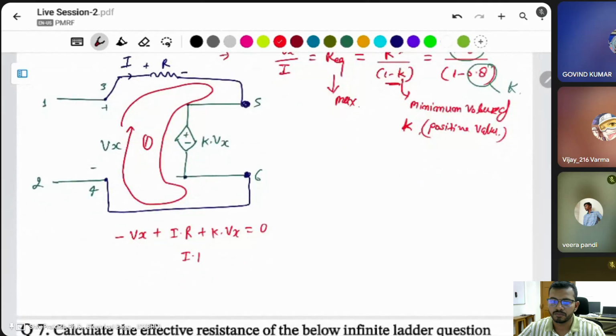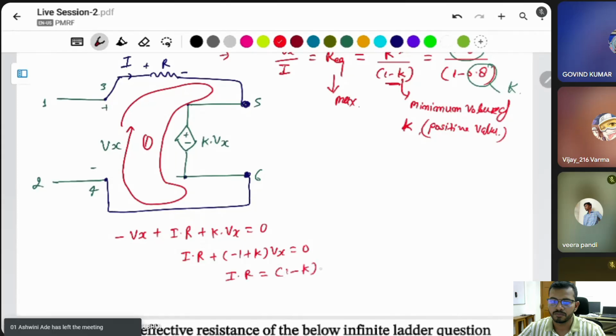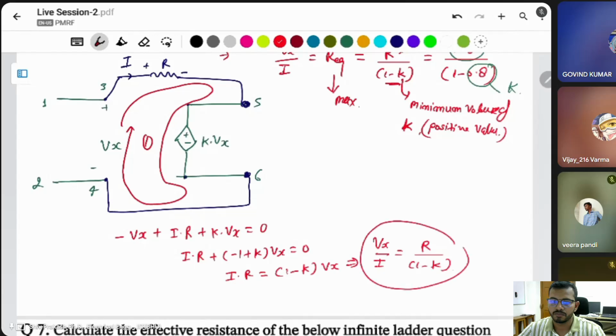Then I into R plus minus of 1 plus K Vx is equal to 0. Then you can transfer 1 minus Vx there. Then I into R is equal to 1 minus K. This will be opposite. This will also be same. R divided by 1 minus K. This is also same as the previous one.